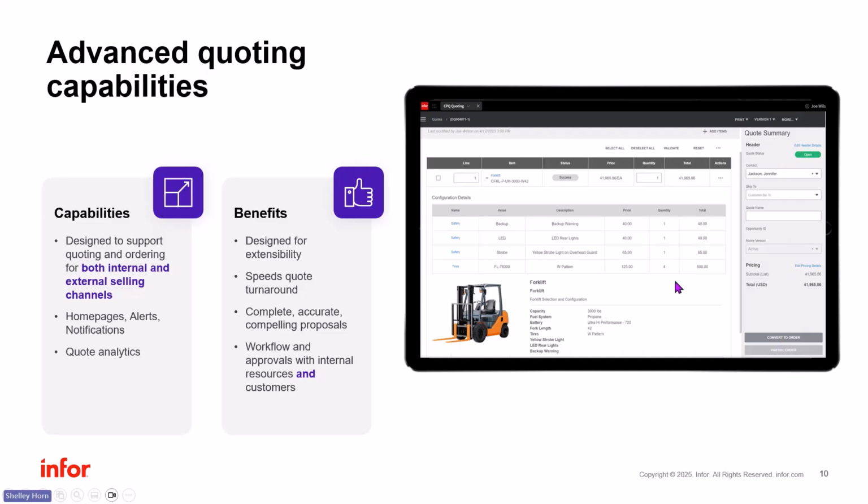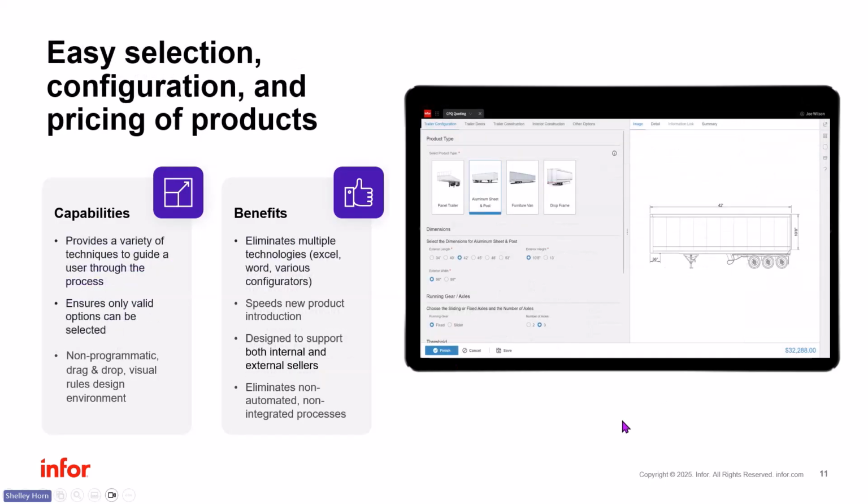I mentioned workflow and approvals, but it's also designed for extensibility. So there's certain things you might want to offer in a particular market of products that you sell. Maybe it's to schools or to government, and that's completely different than if you are supporting more commercial buyers or OEMs. The system makes it very easy to select, configure, and price the products.